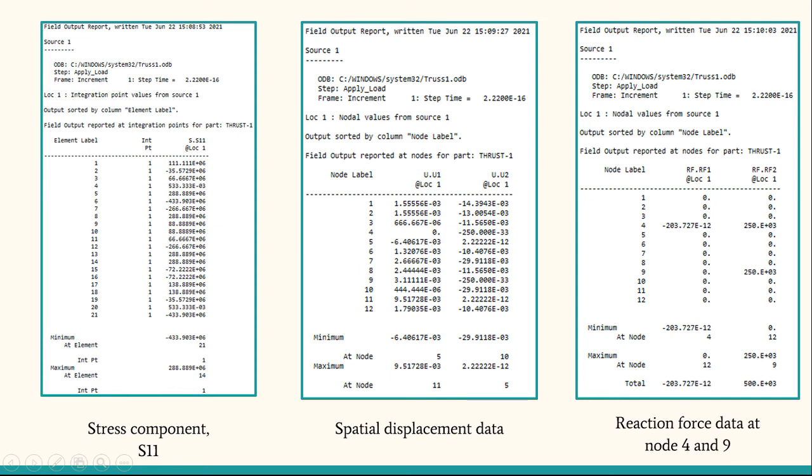In the reaction force data, as we can see, there are reactions at nodes 4 and 9, but at node 4 it is a small number because finite element analysis uses approximate numbers, which are very small, and we will prove this later in the calculation based on the actual number. So in this process, we will compare only the reaction forces at Cy and Ky, which is 250 kN. So we can proceed with the next slide.